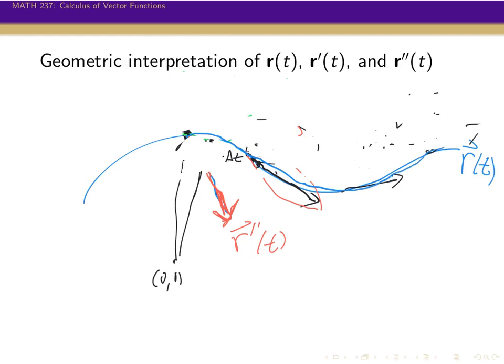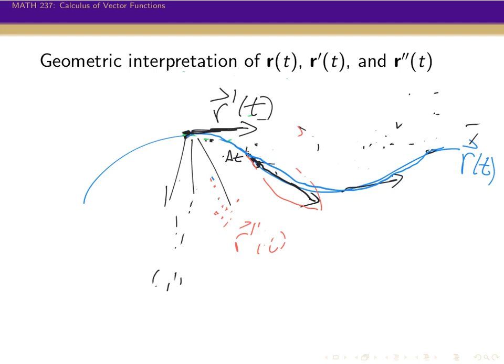It depends on how fast things are going as it turns, but r prime of t is going to be tangent. Then my acceleration is going to be going somewhere down here, depending upon what's happening with the speed. Right? R double prime is going to be one of these, depending on the speed. And we will talk more about this in a little bit.